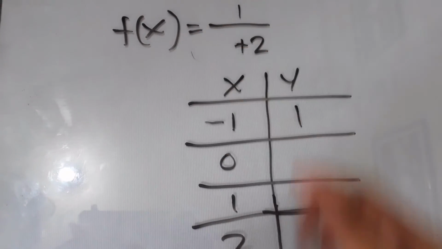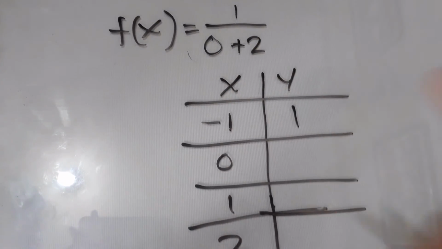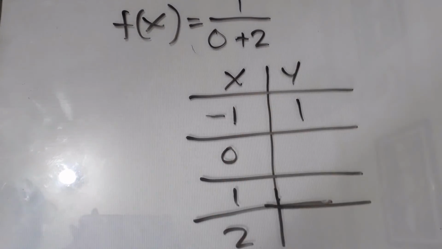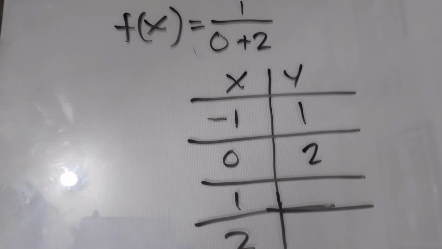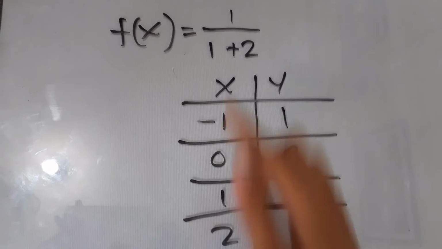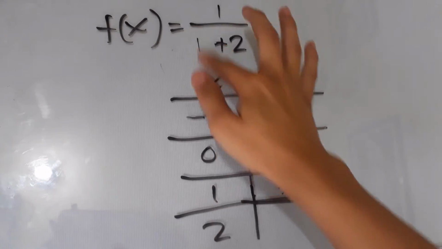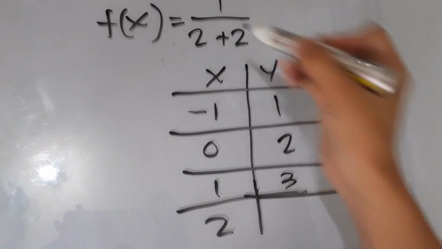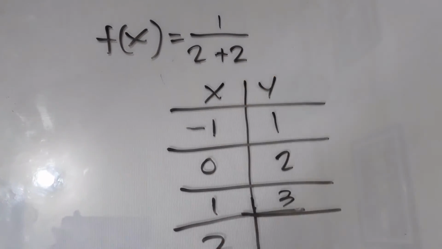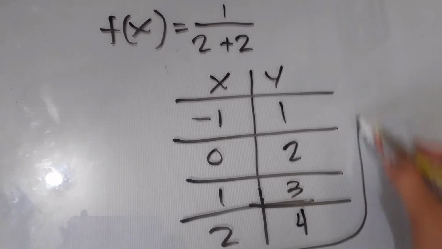If we substitute x with 0, 0 plus 2 is 2, and 1 divided by 2 is one half. Let's substitute x with 1. 1 plus 2 is 3, and 1 divided by 3 is one third. Substitute 2. X will be 2. So 2 plus 2 is 4, and 1 divided by 4 is one fourth. So that would be our coordinates.